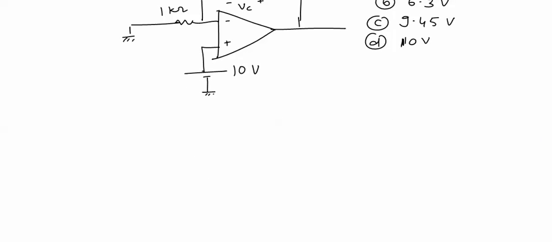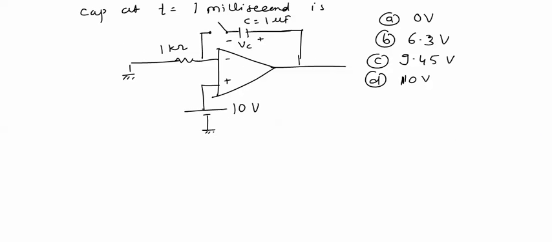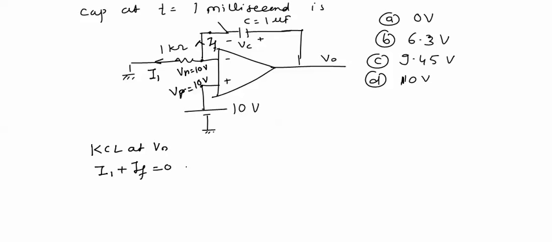Now in this circuit, don't mug up the output equation. When the switch is closed, we will start analyzing this circuit. At this point, voltage Vp is clearly seen as 10 volts, so this voltage Vn will be equal to 10 volts. At this point, we will have two currents, I1 and this IF. So applying KCL at Vn, both the outgoing currents I1 and IF will be equal to 0.